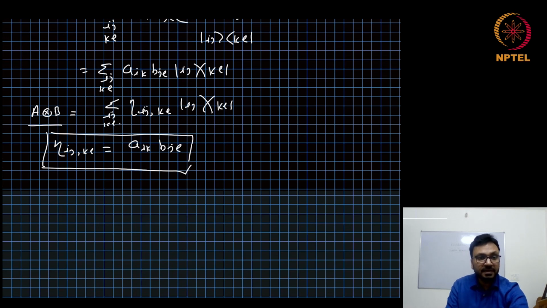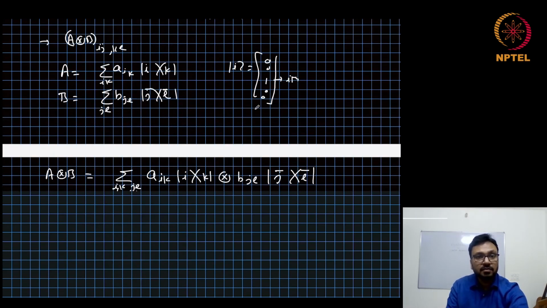Now, if we compare this with this definition, so we had a computational basis |i⟩, |j⟩, and the computational basis of B was |j⟩, |l⟩, and A can be written as sum of a_ik |i⟩⟨k|. And this becomes the ikth element from here. a_ik is small a_ik.